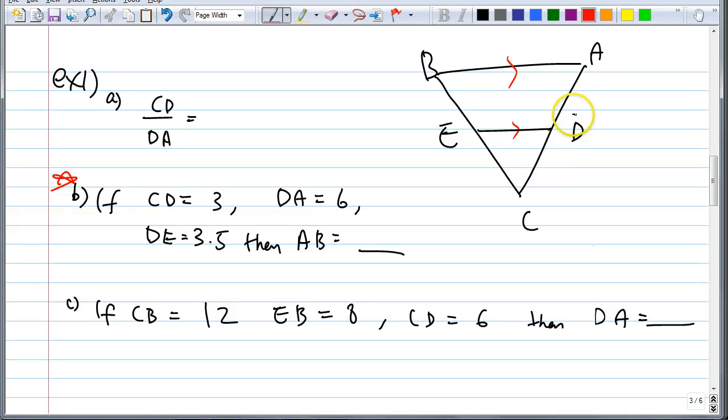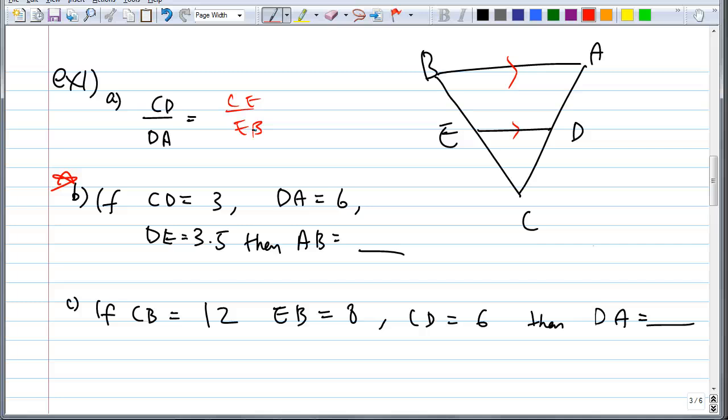CD over DA is equal to what, class? C over E. Because of the property of... no, not triangle. Okay, hold on. What's the answer? Corresponding sides of similar triangles are in proportion. No, it's not.